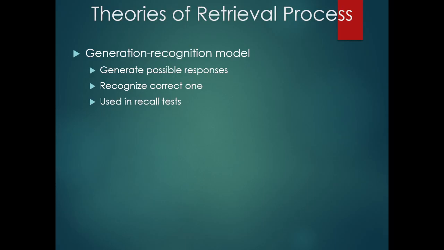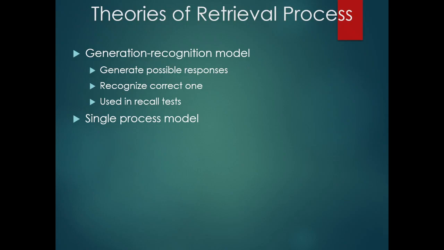This is thought to be the kind of strategy that we all go through when we're doing a recall test. When we have to think of all the things we know, generate possible responses that are relevant, and then of the things that we think might be relevant, recognize the one thing that seems to be the appropriate response in this context, right? Thinking of, which restaurant do we go to? You can imagine that you might go through that process, right?